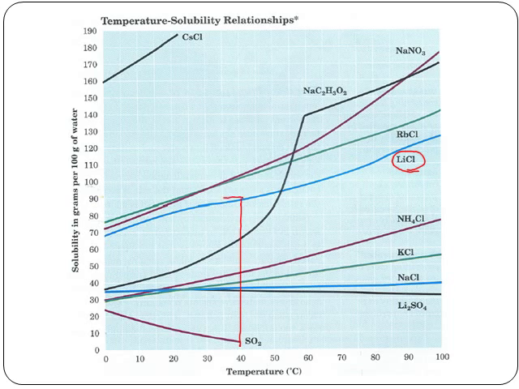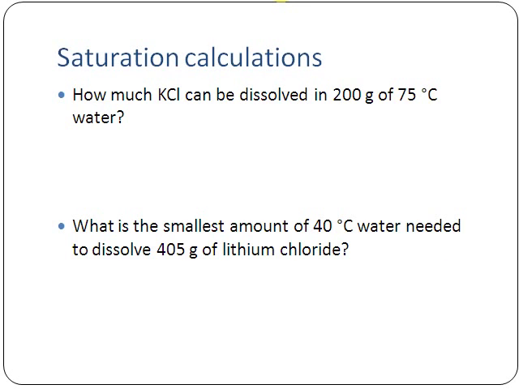We're then going to go over, and we find that that's right at 90. So I know I can fit 90 grams of lithium chloride in 100 grams of water.